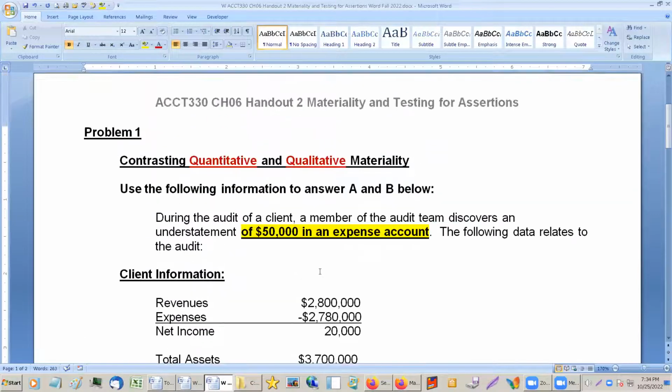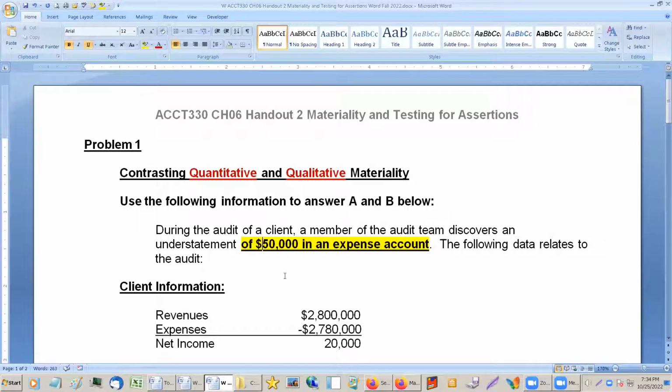Now, notice what would happen if we added 50,000 to this expense account. Okay. So maybe they should say minus is a better way to put it than negative. So this would be negative 2830. This is why I said let's just be quiet.